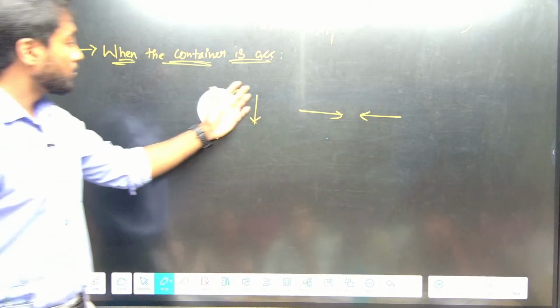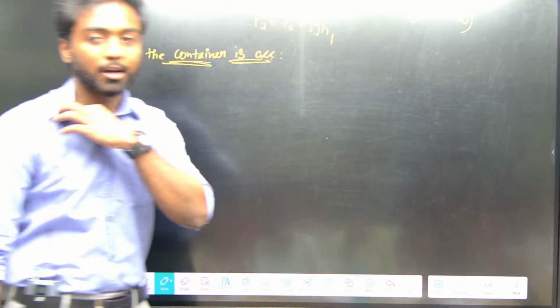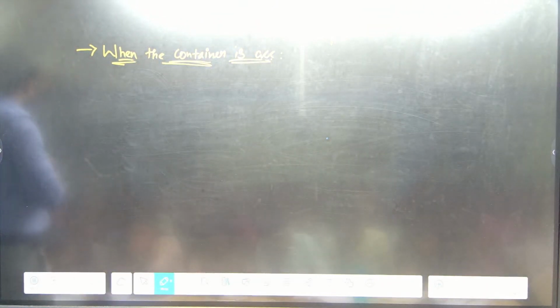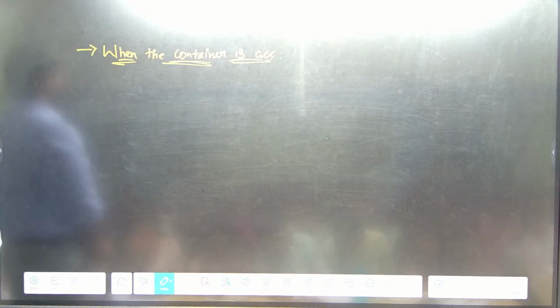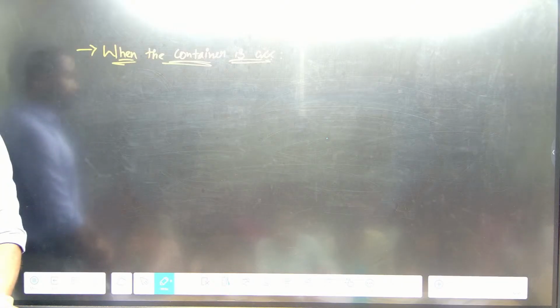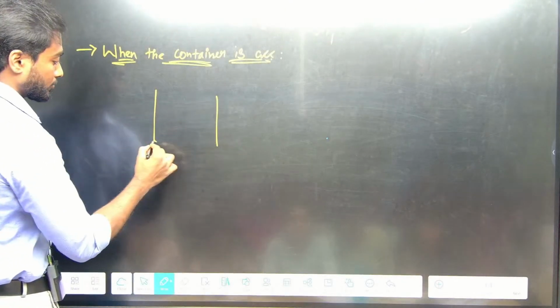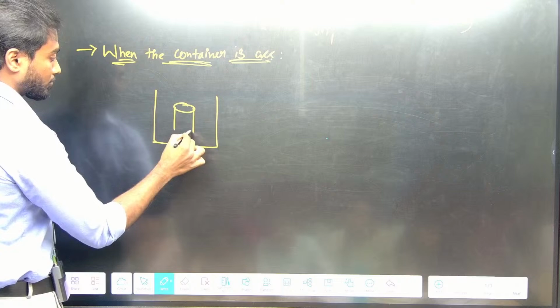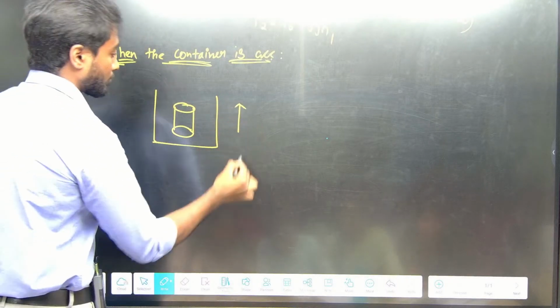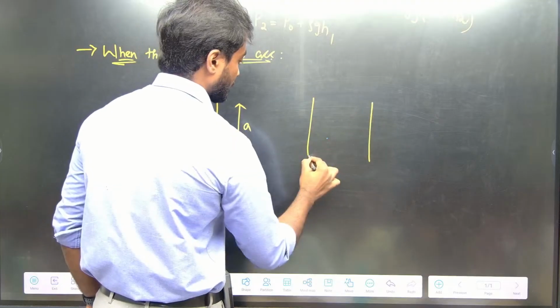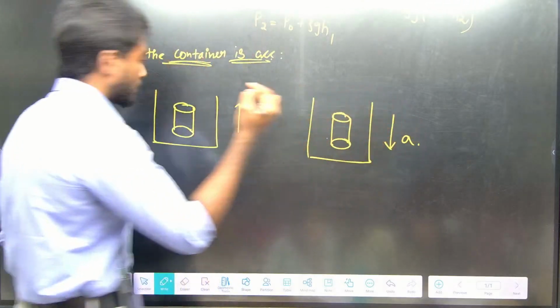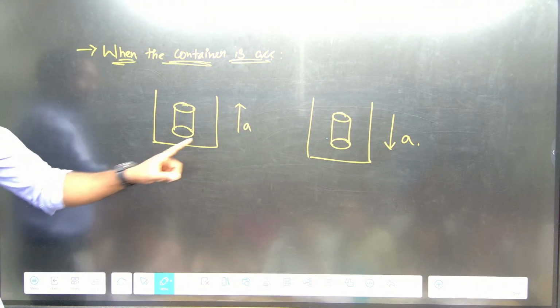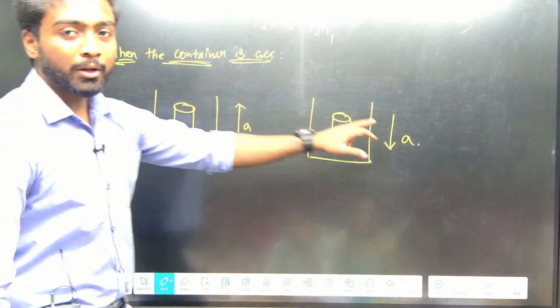So write down the first one, vertical direction or vertically accelerated. Under vertical acceleration, two conditions: container is moving upward, container is moving downward.